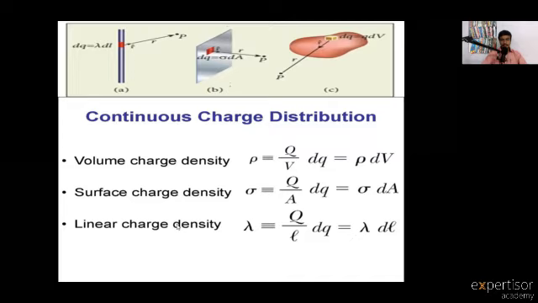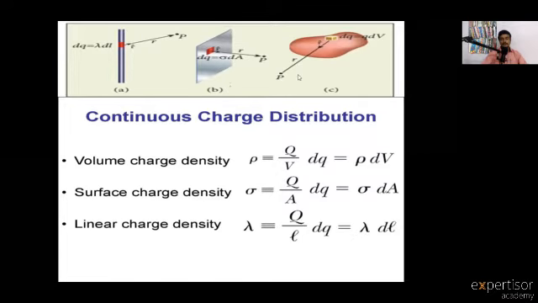They are generated by charges on three different shapes of materials. One shape represents only length, another represents length and breadth, and another represents length, breadth and height. So this one represents only length, this one area, this one volume.